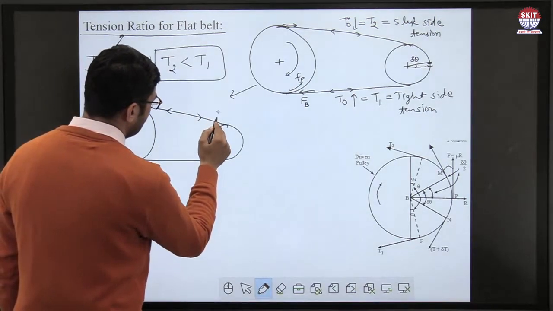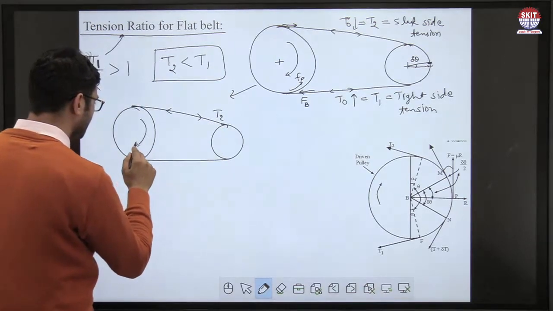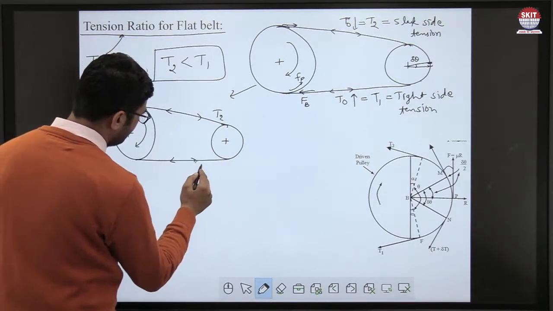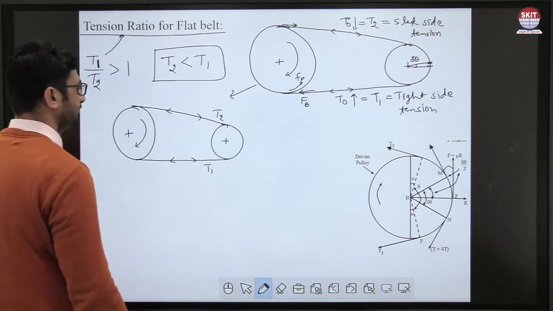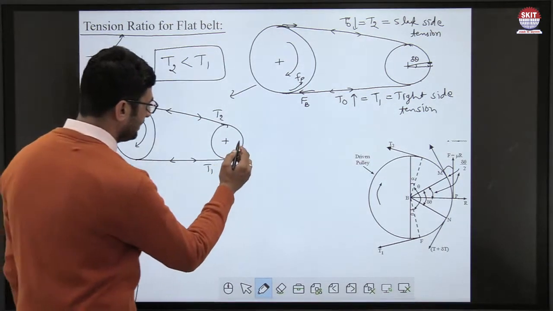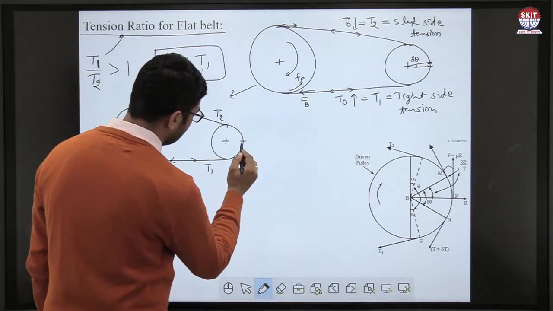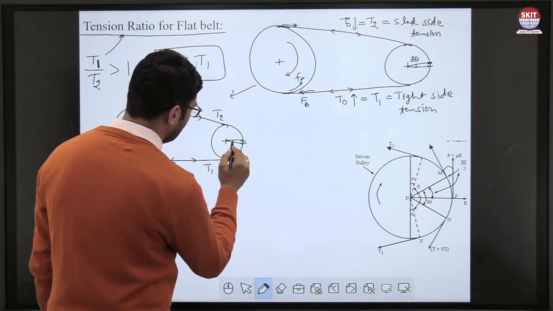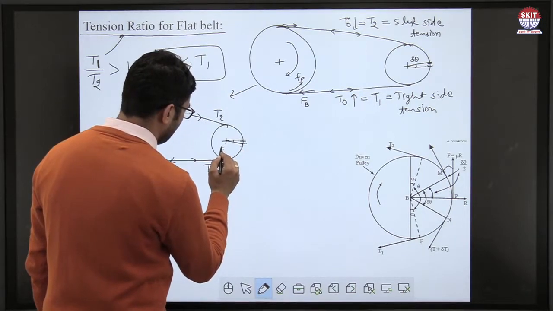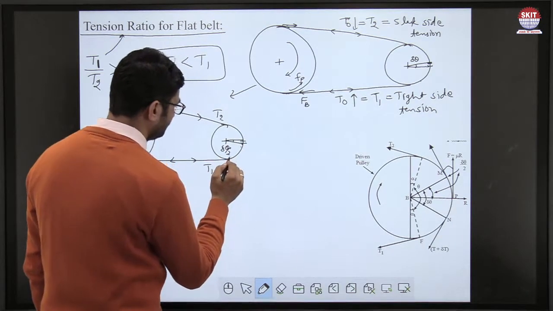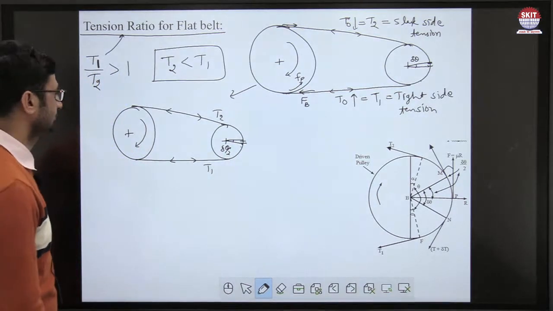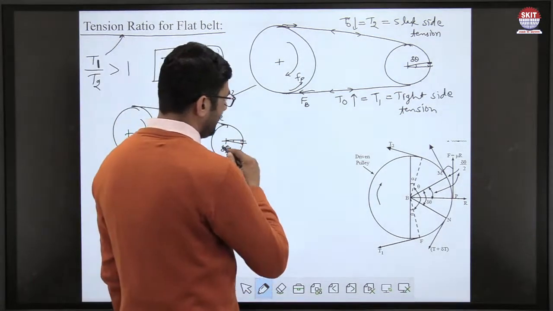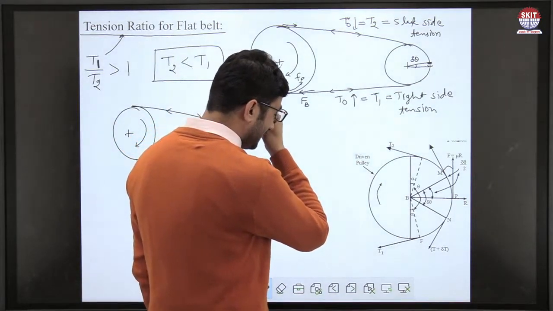Here is tension T2 when the rotation starts, and here the tension is T1, and we take the very small portion of the belt which makes an angle del theta by 2 on the center, and from this diagram we find the tension ratio.